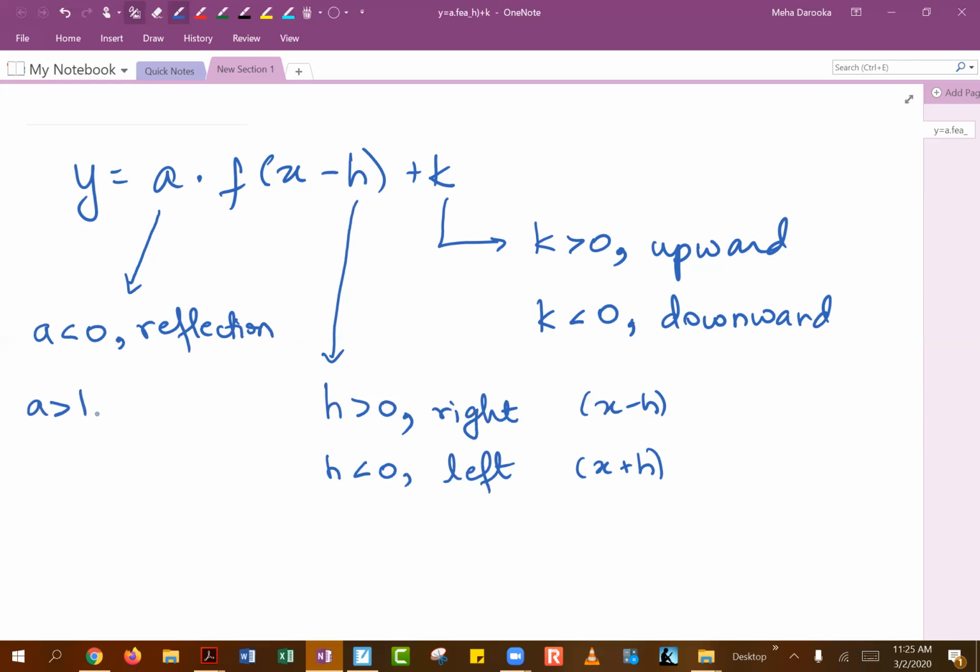If a value is greater than 1, so it will be like a number 2, 3, whatever, anything greater than 1, your graph will stretch. If a value is between 0 and 1, so basically if you see a fraction in there, your graph will shrink.